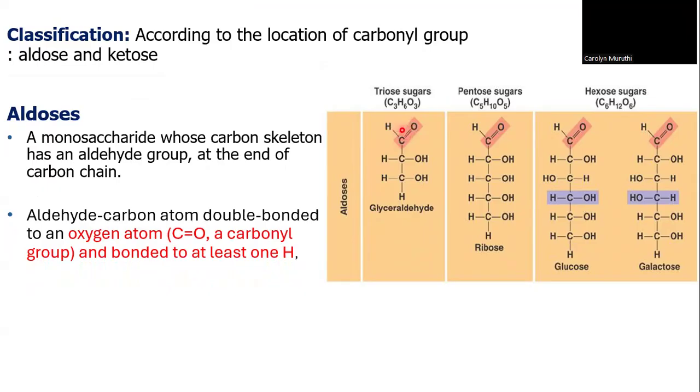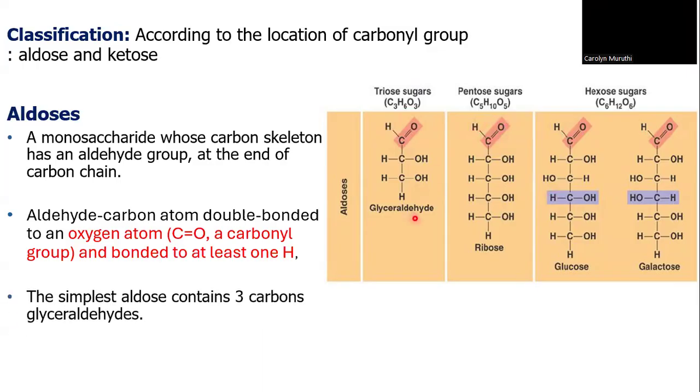An aldehyde group is a carbon atom which is double bonded to an oxygen and has at least 1 hydrogen atom. Looking at these examples that we have here, we have glyceraldehyde, and you can see at the end of the carbon chain, we have the aldehyde group. So glyceraldehyde is the simplest aldose, and other examples of aldoses include ribose, glucose, and galactose.